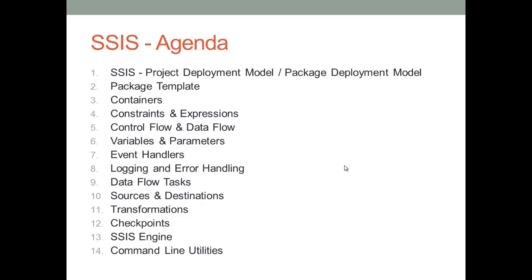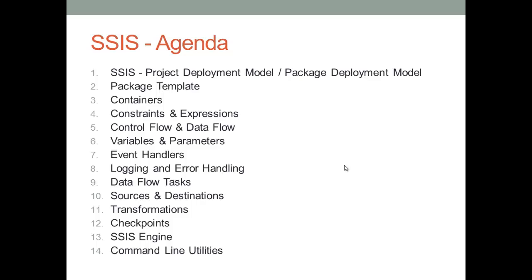On each and every topic we are going to do some exercises while we are exploring these topics. And we are going to explore control flow and data flow tasks, and we are going to work on variables and parameters. Parameters are new in SQL Server SSIS 2012.